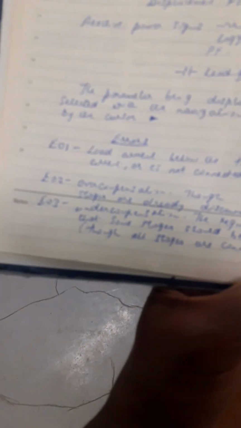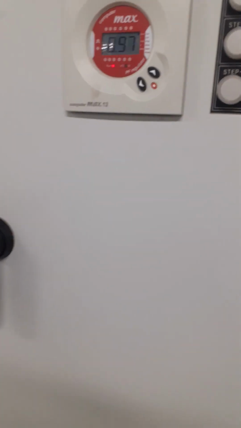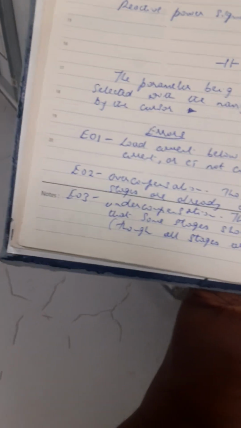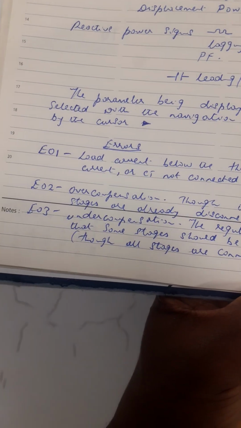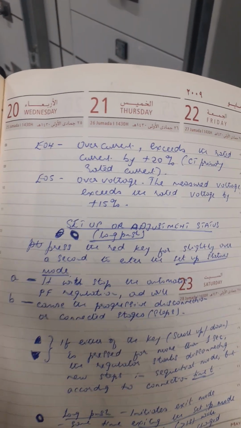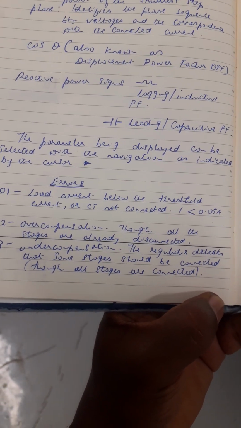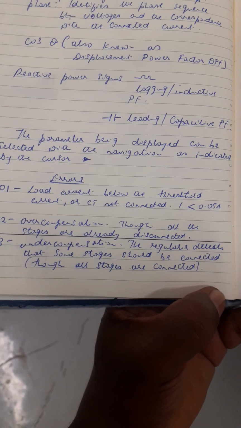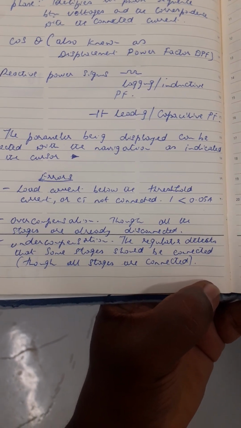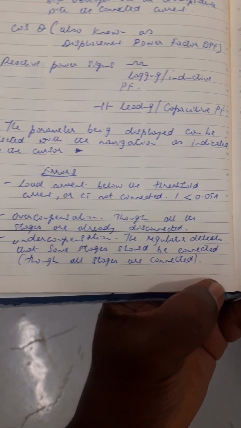Suppose you notice the alarms here on this regulator. Maybe you can notice E01, E02, E03, which I've written down, E04 and E05. E01 is just showing the load current is below threshold. You can check the CT connections, which is maybe less than 0.05 amps.